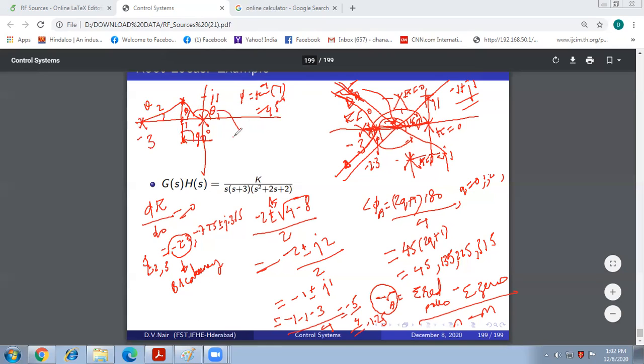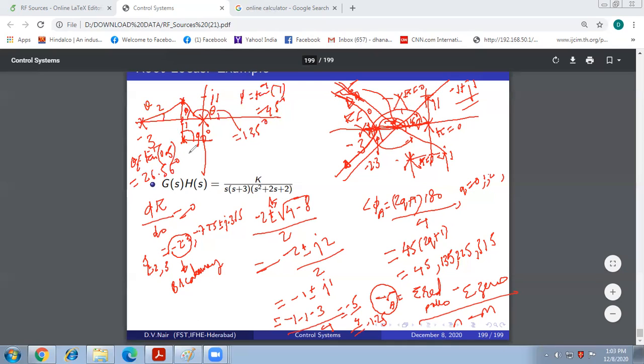So theta 1 will be equal to 180 minus 45, that is 135 degrees. This is 90, and this we have to find out here. This will be tan inverse of opposite, that is 1, by adjacent, that is 2. So theta 2 will be tan inverse of 0.5. That is from our last discussion, 26.56 something.